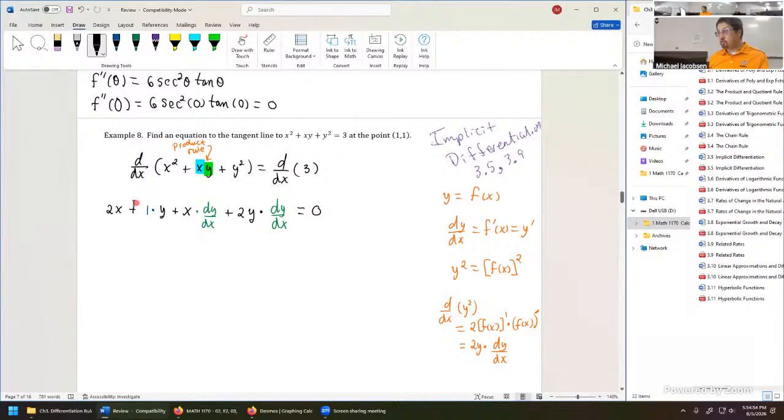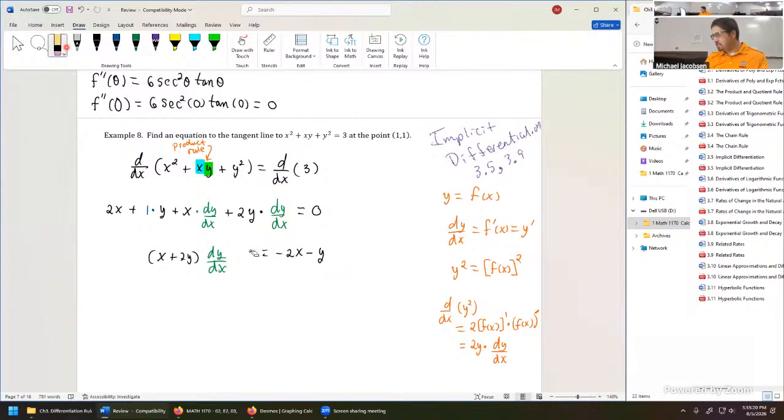first thing I'd want to do is subtract 2x and subtract y from both sides of the equation. So we have negative 2x minus y. Next thing to do is factor out a dy/dx from the two terms on the right. That'd be leaving an x plus 2y multiplying dy/dx.